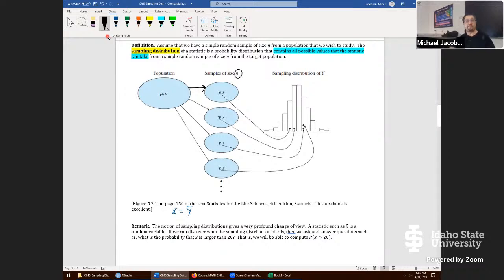It's going to be selected with a sample size of n, and it calculates the statistics, y bar or x bar and s. We're focusing on the statistic y bar and its sampling distribution. Once you calculate that one statistic, you just take that value, and there it is. That might be what you reported in the study.